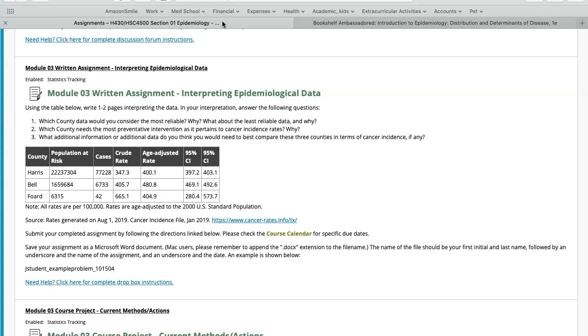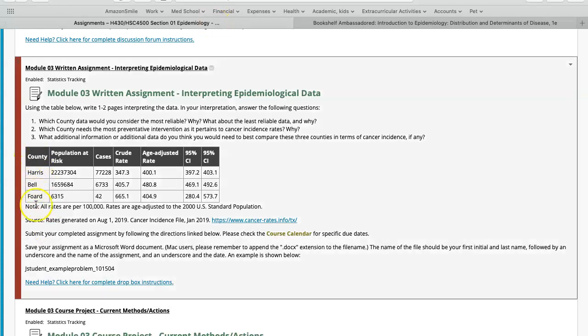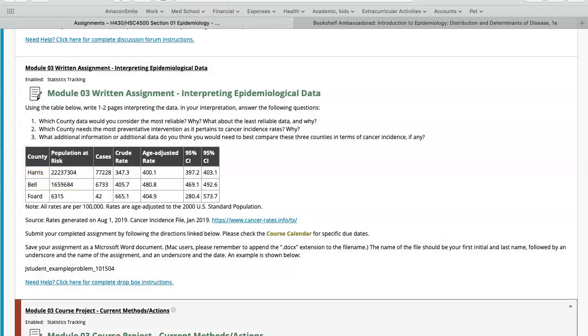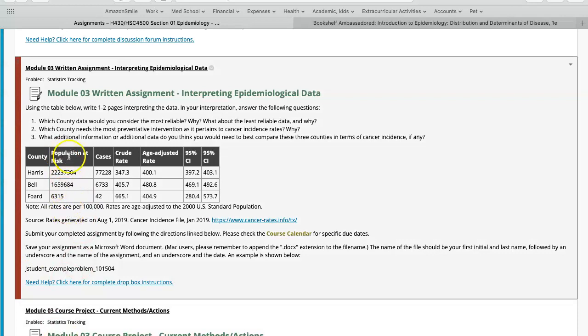So hopefully everyone can have a better idea of how to interpret the data as well as what's expected on the assignment. So in this table, we have three counties. That's what's listed here to the far left: Harris, Bell, and Ford. Next to that is going to be the population of each county.